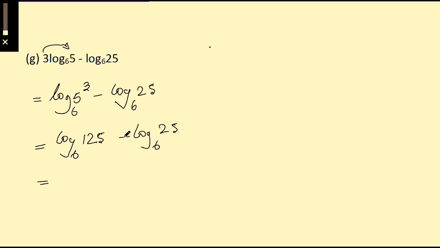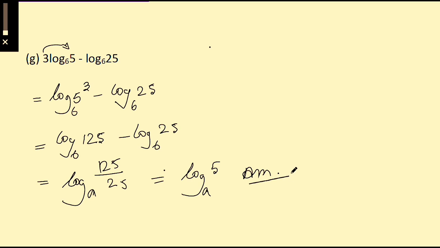Now according to the division rule, we can write it as a single log, like log 125 over 25 to the base of 6. So if we divide 125 by 25, then we will get 5. So finally we will have log 5 to the base of 6, and this is our final answer.